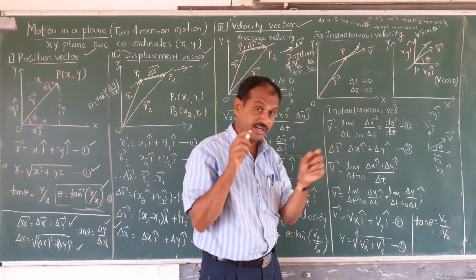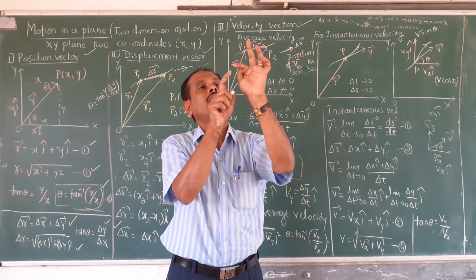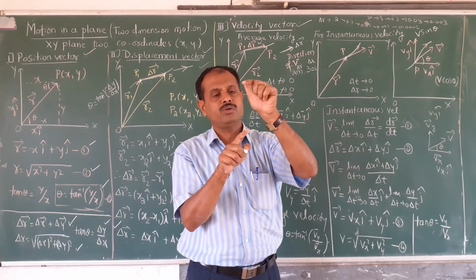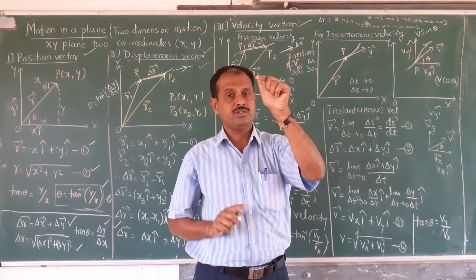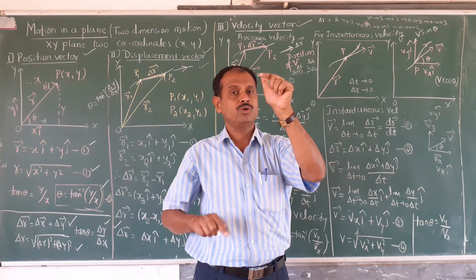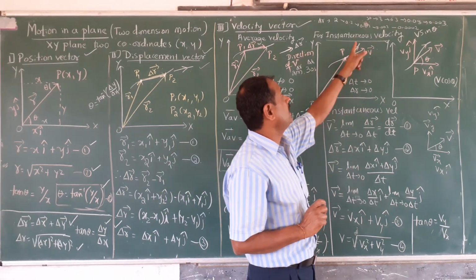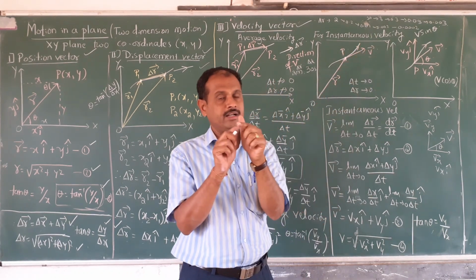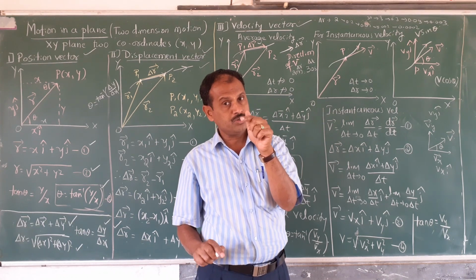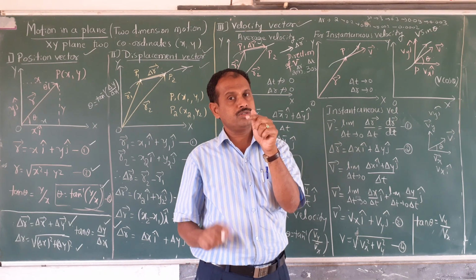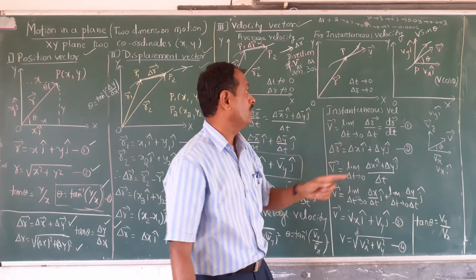Δt tends to 0 means it approaches 0. Now 2 meters becomes 0.2, 0.02, 0.002, 0.0002, 0.00002, tends to 0 but not equal to 0. In the same way, Δt of 30 seconds becomes 3, 0.3, 0.03, 0.003, 0.0003, 0.00003, like this, tends to 0 but not equal to 0.